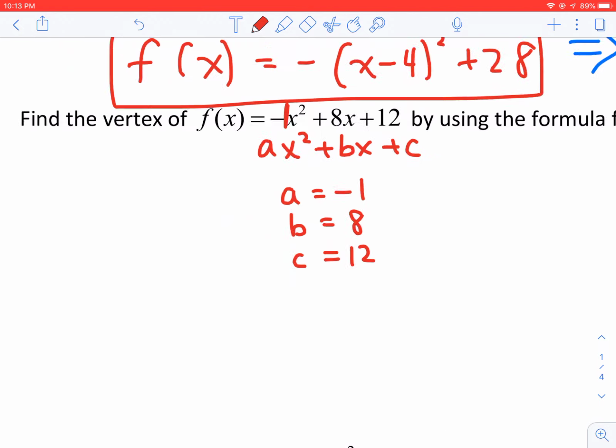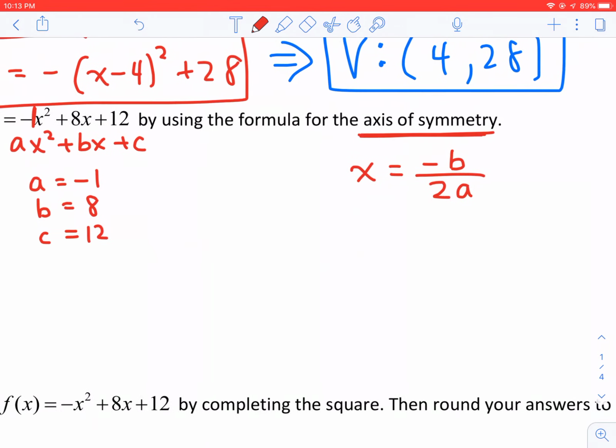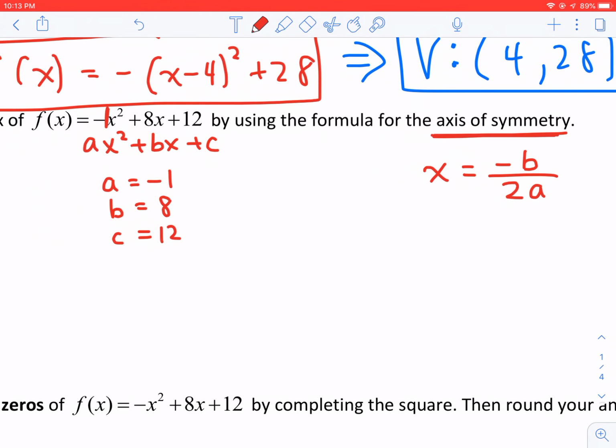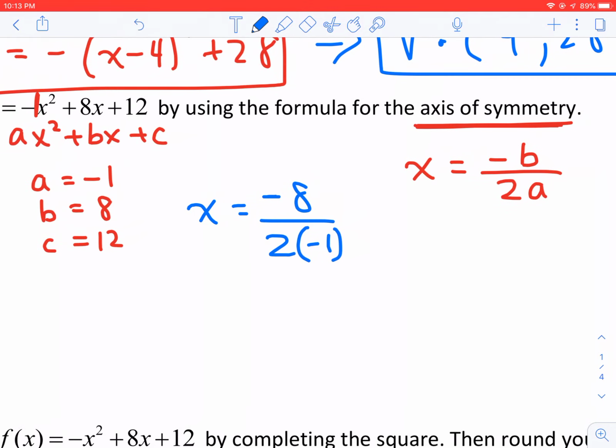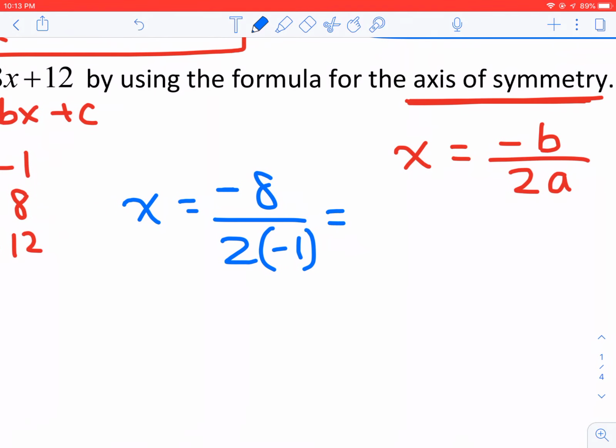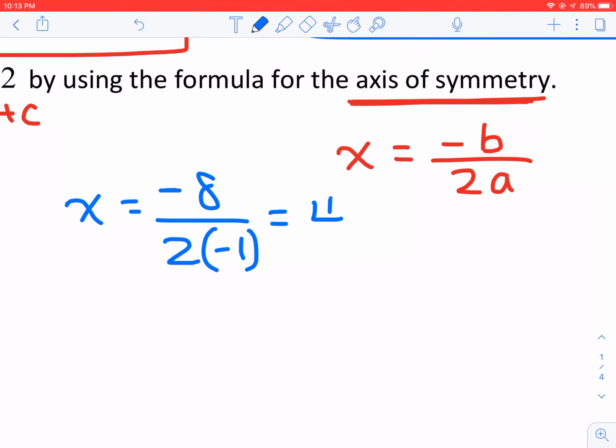We don't need the c value, but just so you know. So our axis of symmetry is going to be x equals negative b. b is 8, so negative 8 divided by 2 times negative 1, since a is negative 1. So our axis of symmetry is 4. Negative 8 divided by negative 2. That's 4.